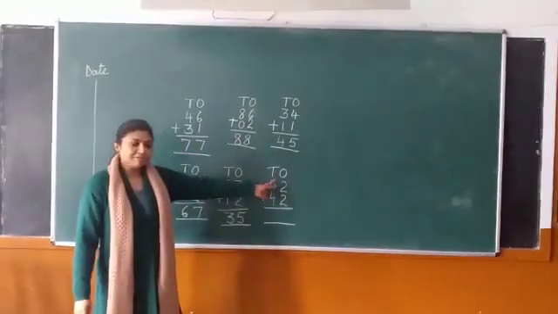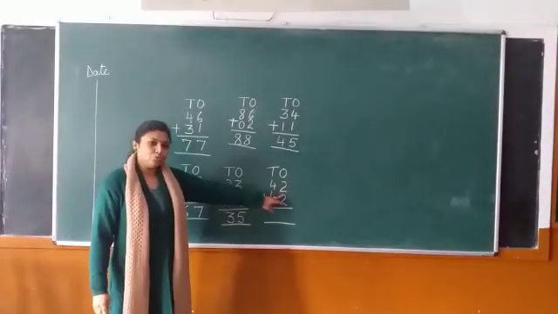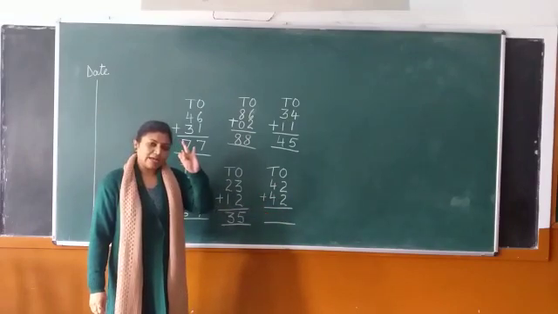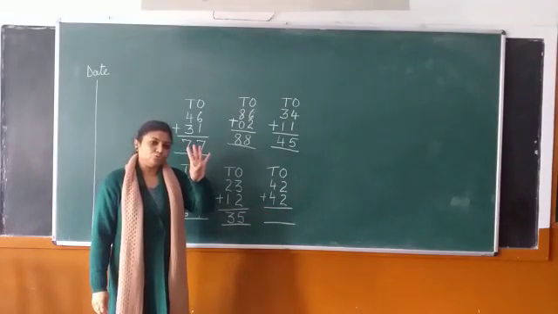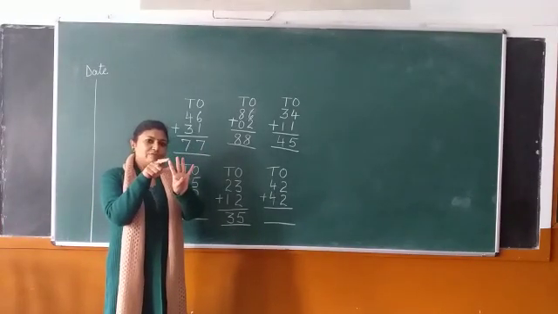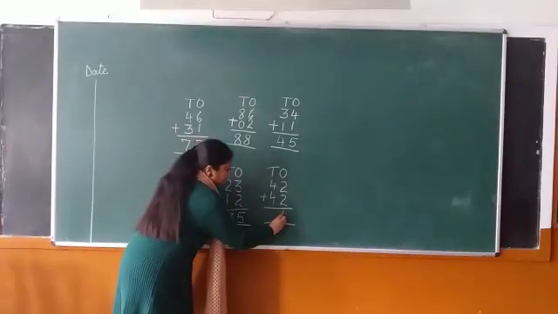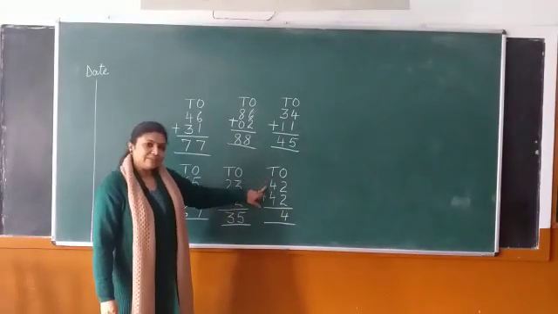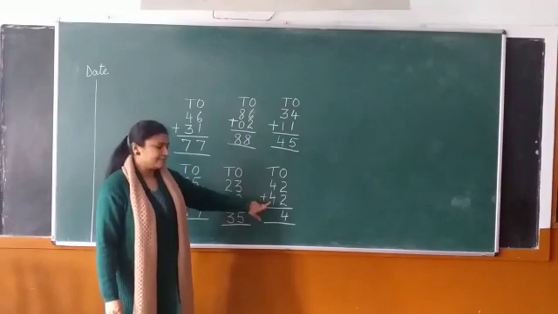Now under the ones place we have 2 plus 2. So let's count 1, 2 and again 1, 2. So let's count them together. 1, 2, 3, 4. So 2 plus 2 is 4. Now under the tens place we have 4 plus 4.